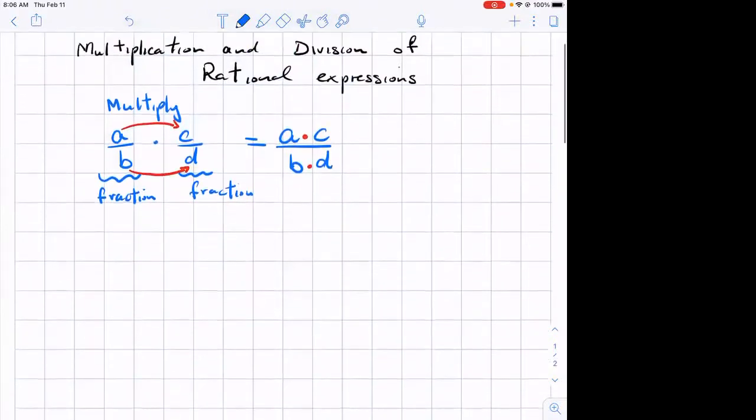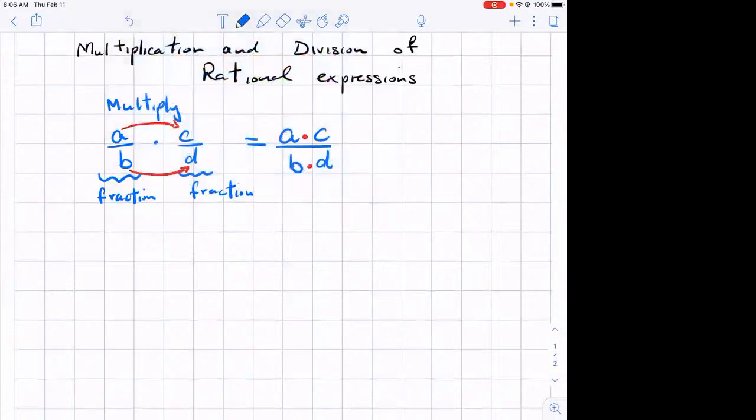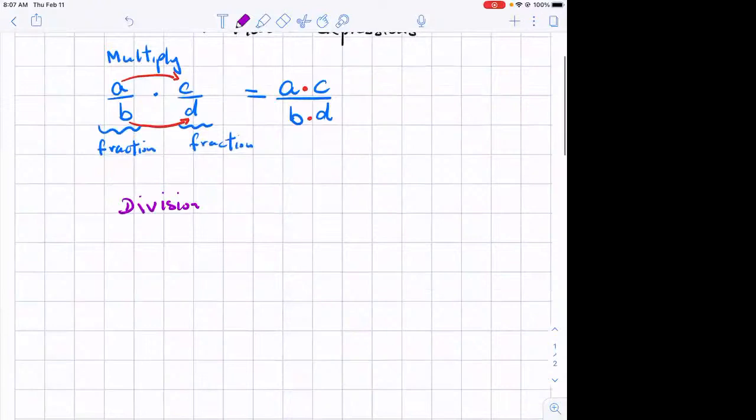And then for division, if we have A over B divided by C over D, first we have to switch that sign.